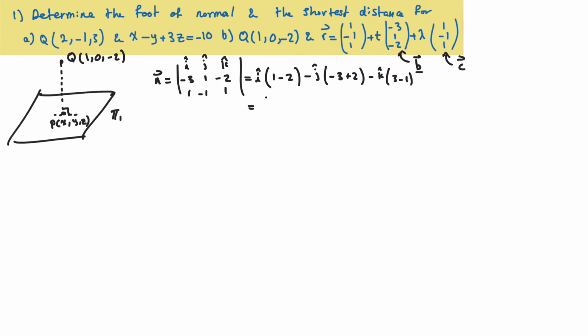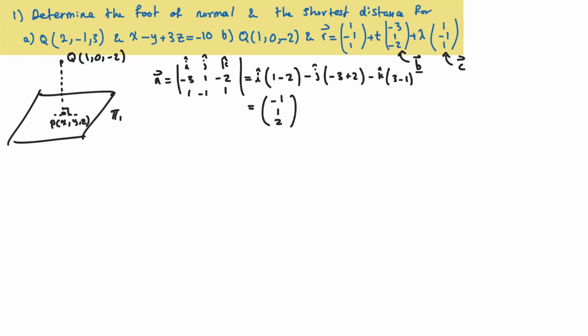And by doing this, we will get 1 minus 2 is -1. -3 plus 2 is -1, times -1 for the negative unit vector j, we will get +1, and 3 minus 1 is 2.